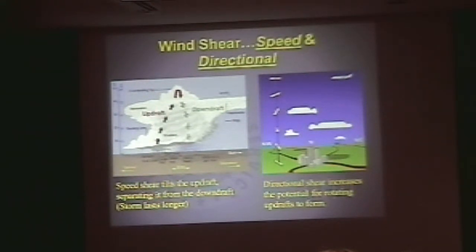They might be at 20 miles an hour here, 40 miles an hour up here, 80 miles an hour up here. So when you get wind changing direction or changing speed as you go up through the atmosphere, that's called wind shear.